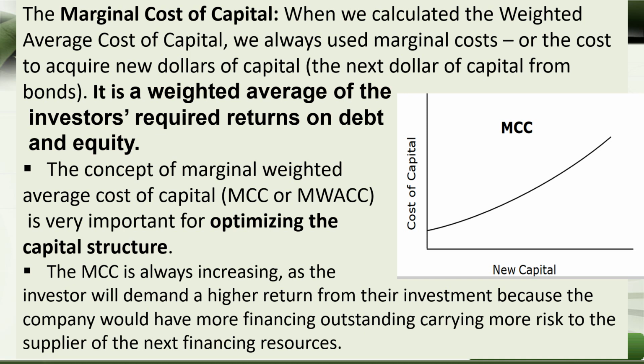The MCC is always increasing, because the cost will keep on increasing for adding one more dollar. The investor will demand a higher return from the investment because the company would have more financing outstanding, carrying more risk to the supplier of the next financing resources.